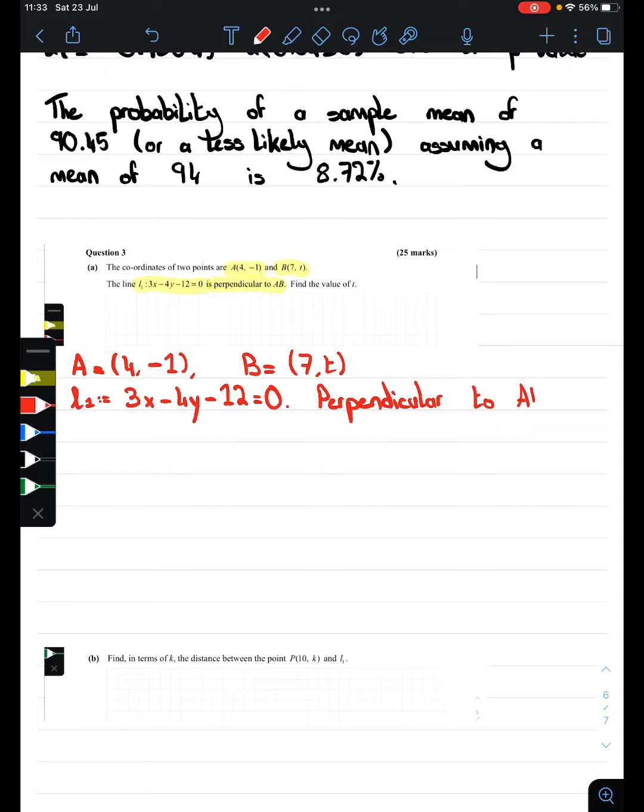Okay, well, what does it mean for a line to be perpendicular?